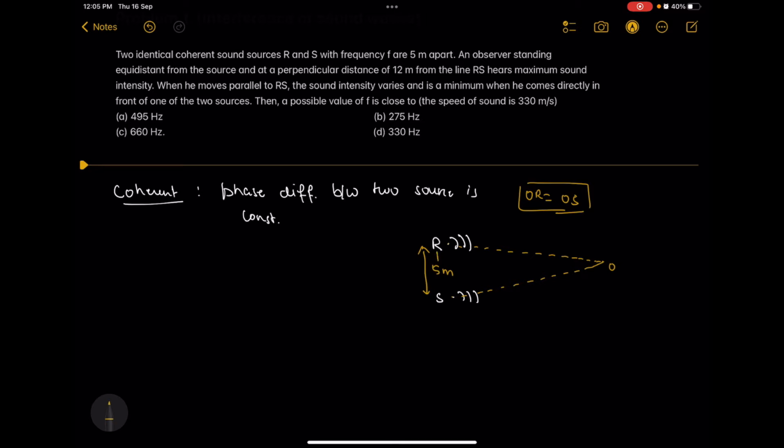If I join these two points like this, I'm messing up my diagram. Let's go about it. The distance from the RS line to O is 12 meters, and here is the maximum sound intensity. So at point O, the observer is hearing the maximum sound intensity, which means there is constructive interference at this point.